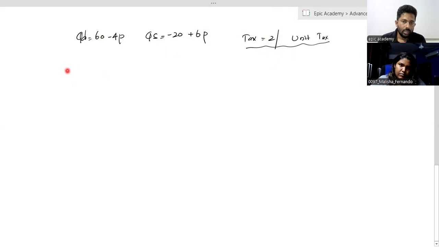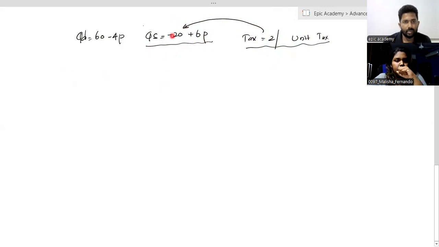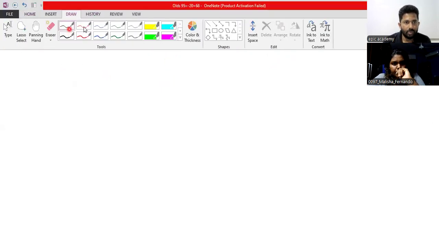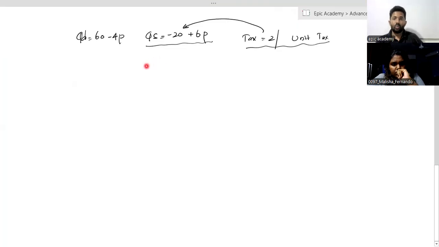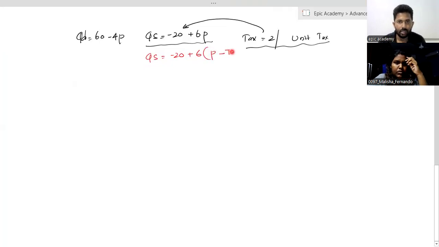So then we have to match the unit tax with the supply equation. Then the supply equation can be changed. First of all, we have to identify the supply equation after the government imposes the tax. QS equals minus 20 plus 6 within brackets P minus tax. Tax means just 2 rupees.